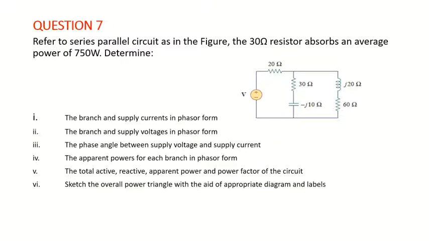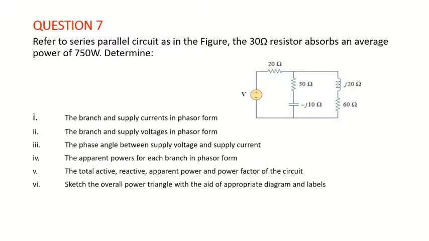So all branch currents and also the supply current. Then find the branch and supply voltages in phasor form. Then find the phase angle between supply voltage and supply current.